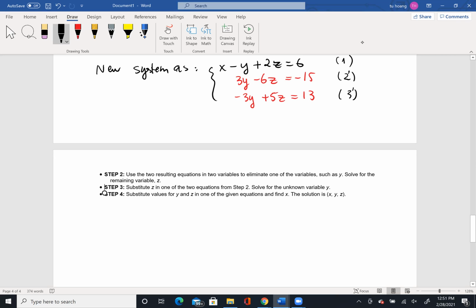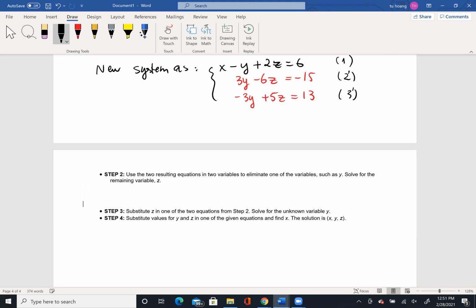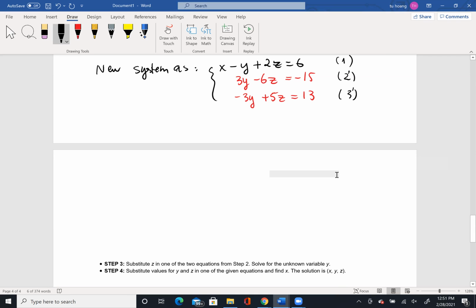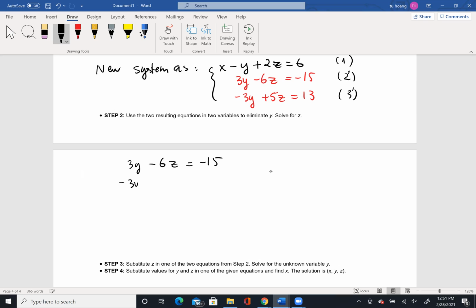Okay. And then step number 2 is I'm going to use the 2 resulting equations in 2 variables to eliminate 1 variable, or I'm going to eliminate variable y, and then solve for the remaining variable, z. Let's use the 2 resulting equations, which are 2 and 3, right? I have 3y minus 6z equal to negative 15, and I have negative 3y plus 5z equal to 13.